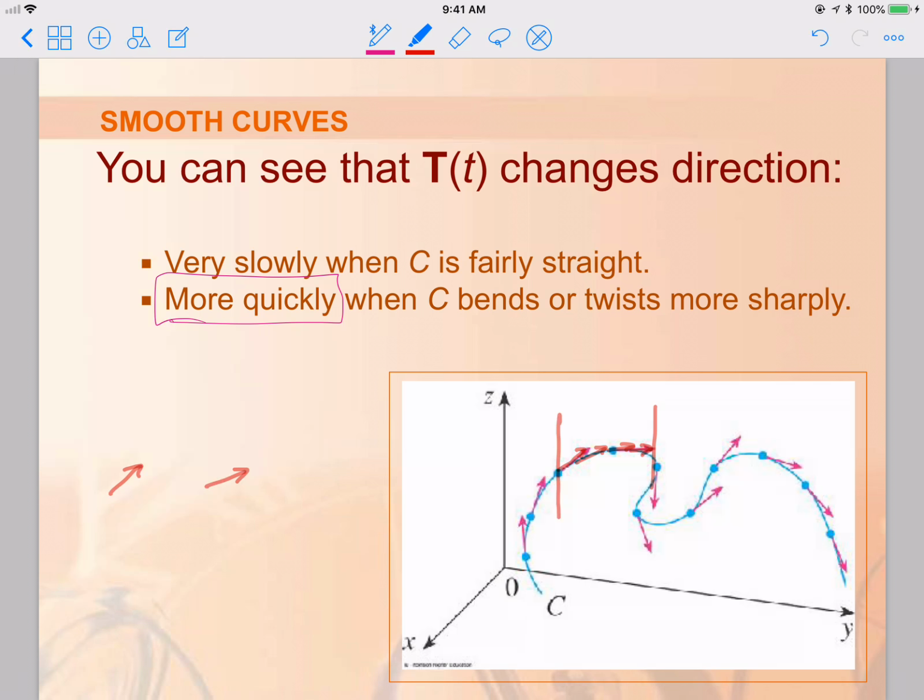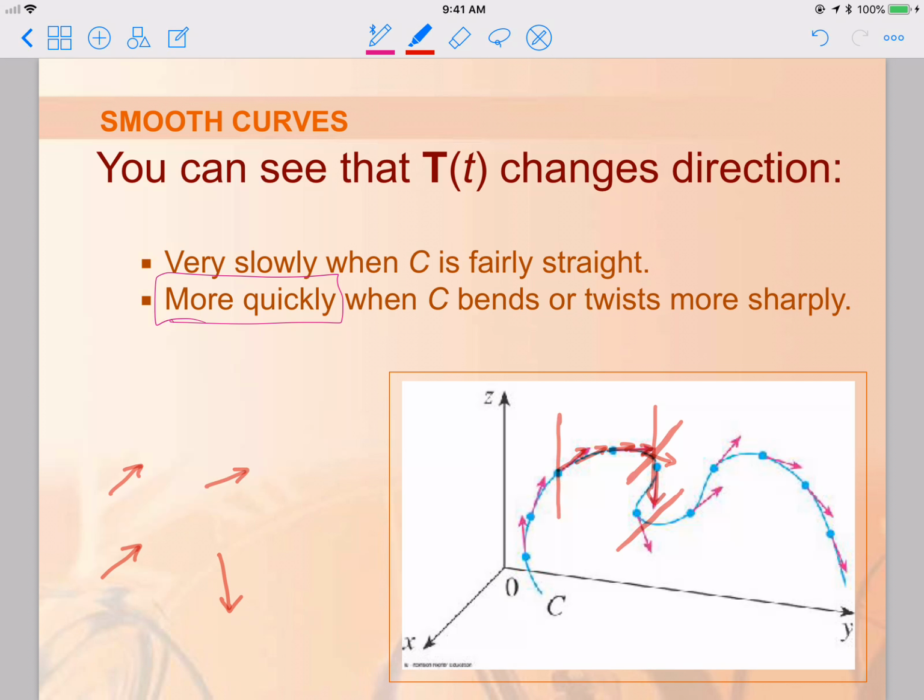But now, if we were to consider that same amount from here to, say, here, it's going to go from looking like that to looking like that. You have a very drastic change. Do you see that? So it has to change more quickly in order to do the curving that the curve needs to do.